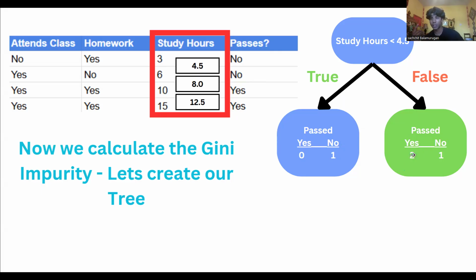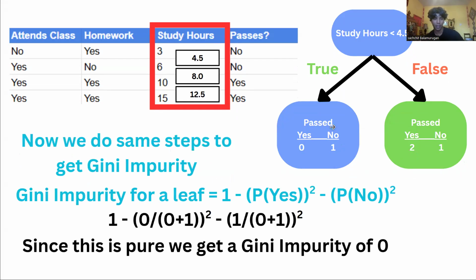So you see how we can now do the same steps we did before? We created the same tree that we have done before and created this. Okay. And now we calculate the Gini impurity for each leaf, right? I'm not gonna do the same steps again because I know you guys already know it and you don't want to hear me speak a lot.